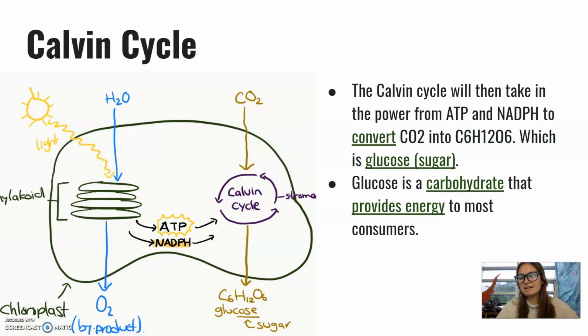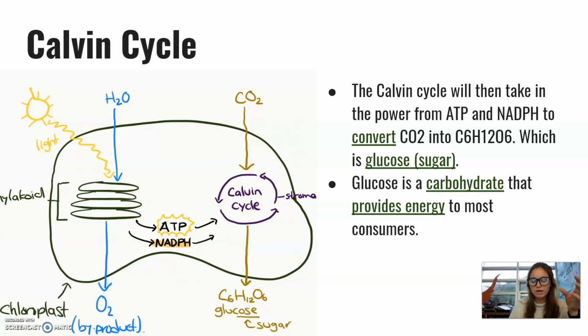Now you may see that carbon dioxide, it's just CO2. Where are we getting that hydrogen from in glucose? Well, the light reaction, because the light reaction splits the water molecule in half. It splits the hydrogen and the oxygen from one another. The oxygen is the byproduct.